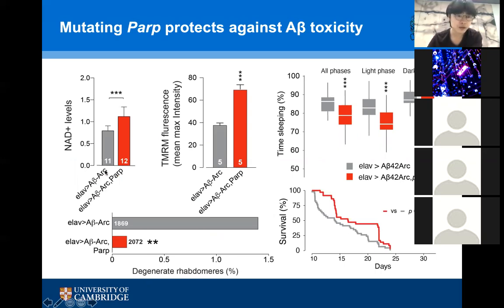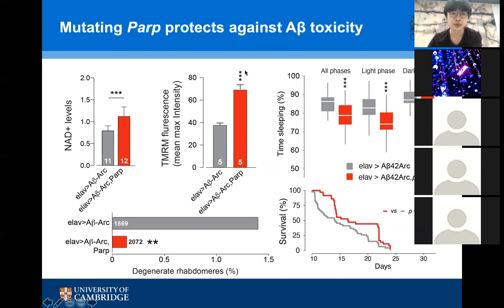The expression of toxic amyloid beta, but with the Parp mutation. So introducing this Parp mutation validates my hypothesis that it leads to a higher level of NAD. So by mutating Parp, essentially these flies that overexpress amyloid beta have a higher level of NAD.